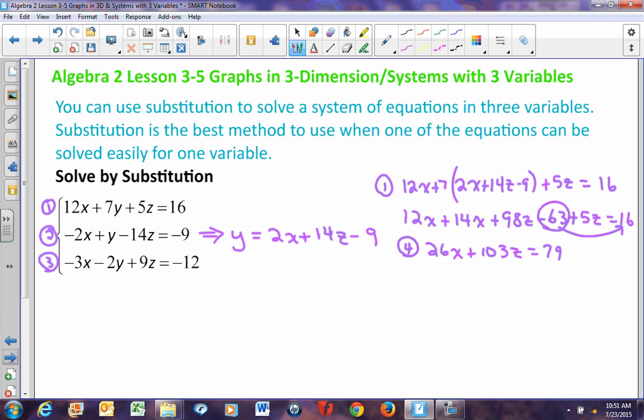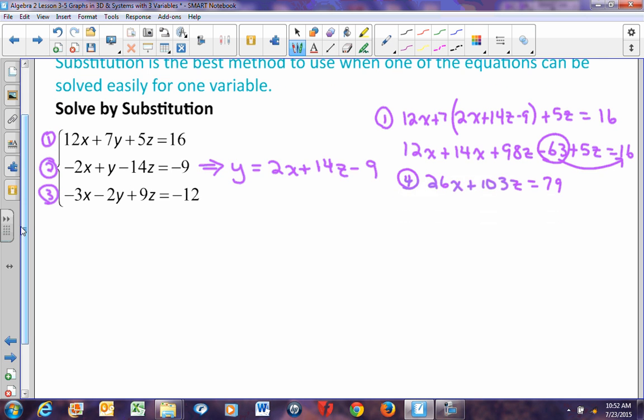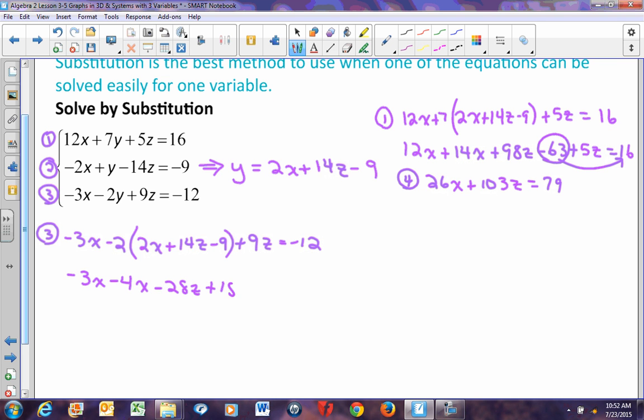Now I'm going to do the same thing, except I'm going to substitute it into equation 3, and get it so that I have an x and z left over. So in equation number 3, I have negative 3x minus 2 times y, which is 2x plus 14z minus 9, plus 9z equals negative 12. So we will get negative 3x minus 4x minus 28z plus 18 plus 9z equals negative 12.